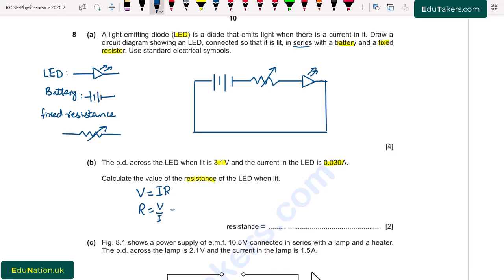Here we have to find the value of R. It is equal to V over I. Potential difference is 3.1 divided by current, which is given as 0.030, and we get 100 ohms. The resistance comes to be 100 ohms.